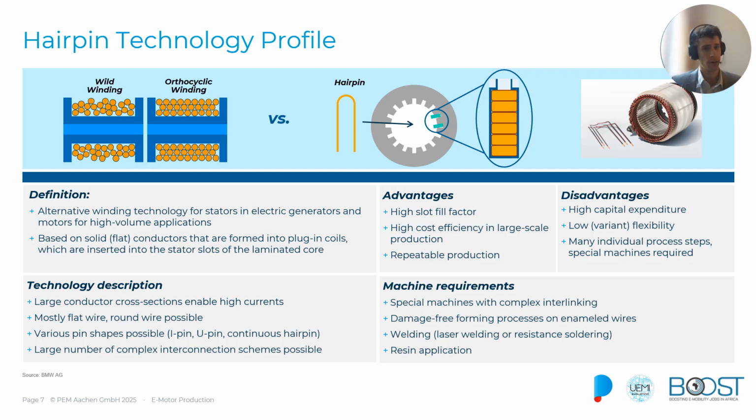Disadvantages are the high investment costs of a production line and a low variant flexibility. We have many individual process steps with individual special machines, and we will learn much about this in this lesson. Especially the pin forming process and the welding process are critical.